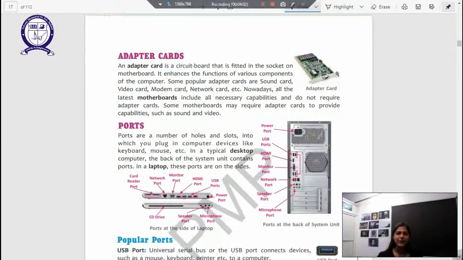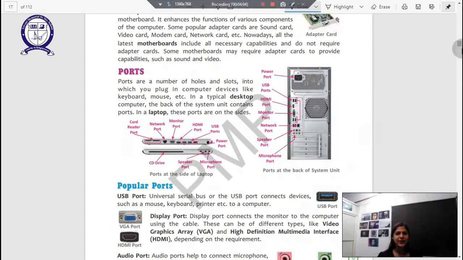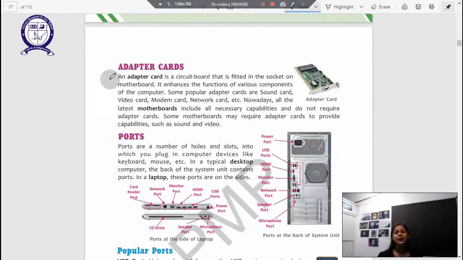Then we have adapter cards and popular ports. Now we'll study all such important things. An adapter card is a circuit board that's fitted in the socket on the motherboard. It enhances the function of various components of computers. What are the things that are provided in the adapter cards?